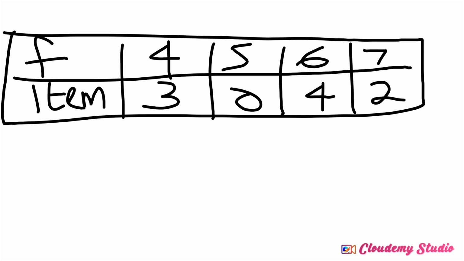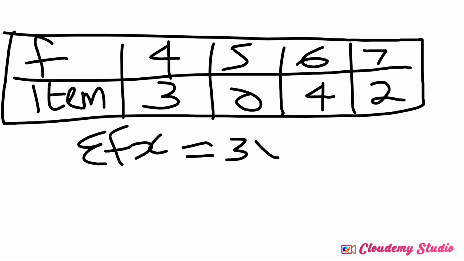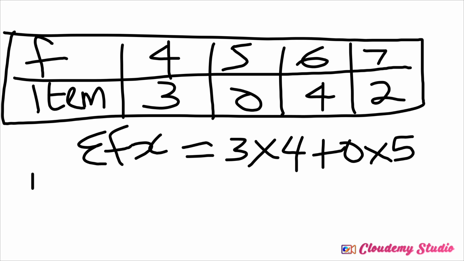Now, the sum of frequency times items is 3 times 4 plus 0 times 5 plus 6 times 4 plus 2 times 7.